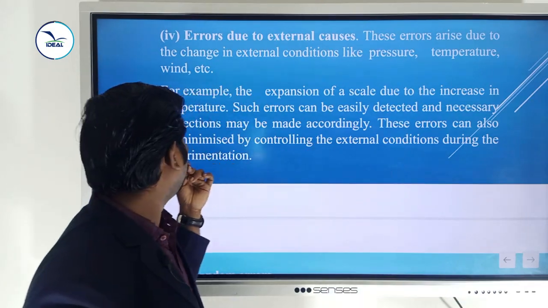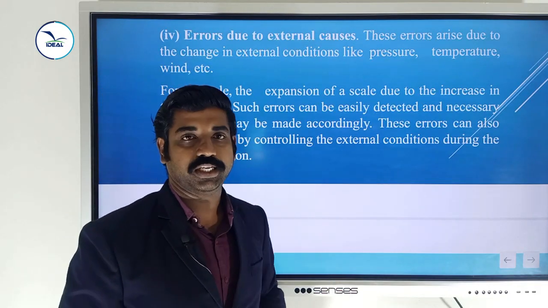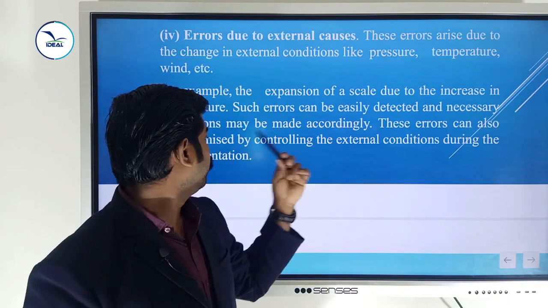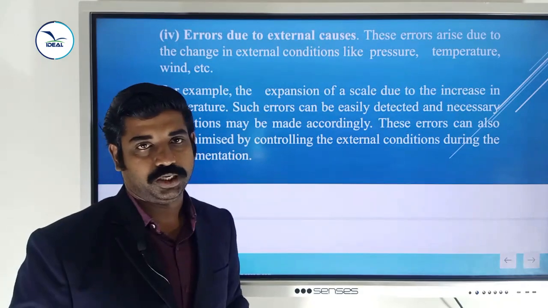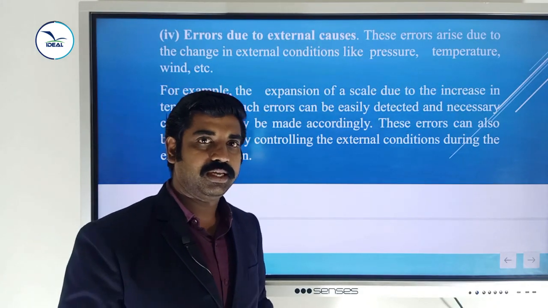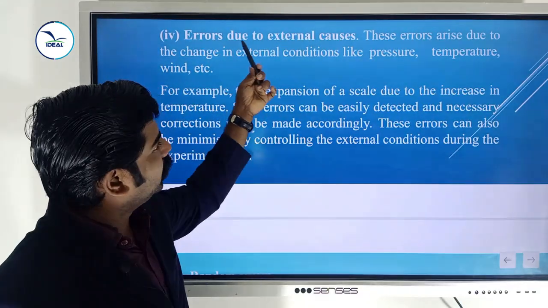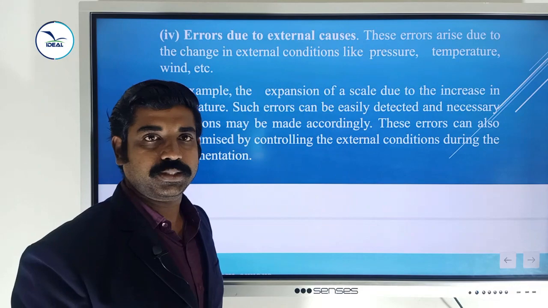This error can also be minimized by controlling the external conditions during the experimentation. We can control the external conditions during the experiment, so we can reduce these external errors.